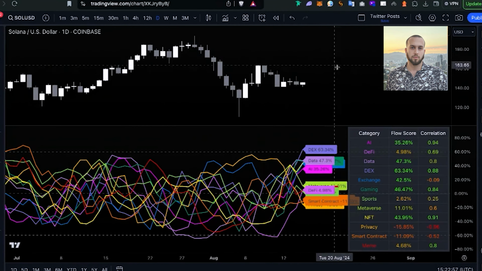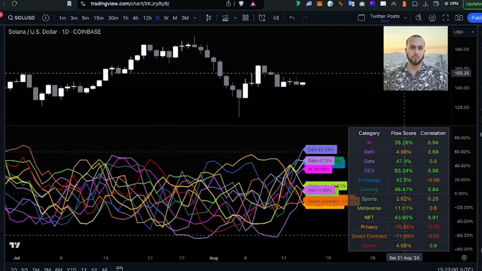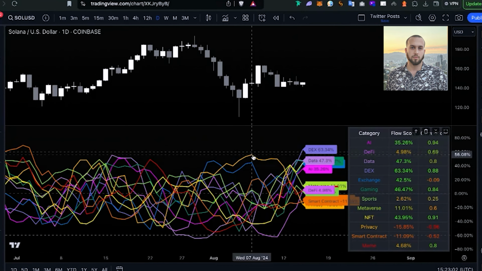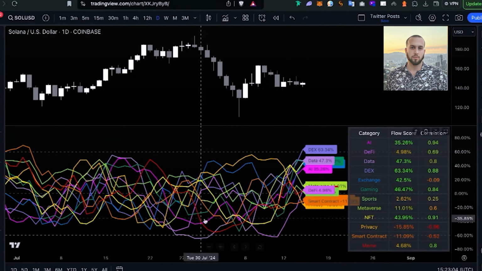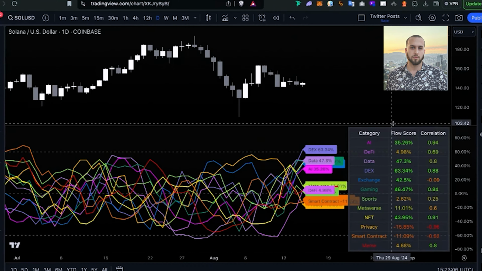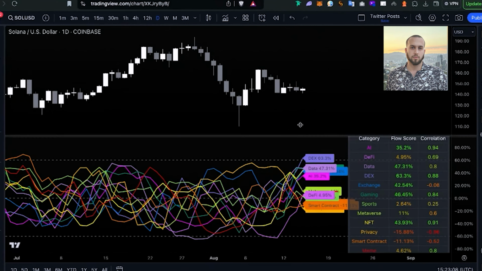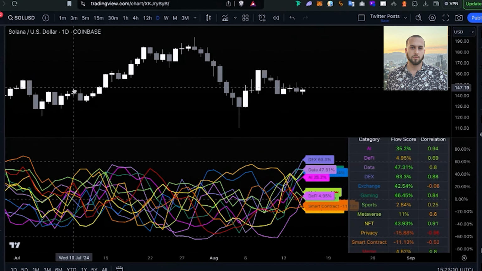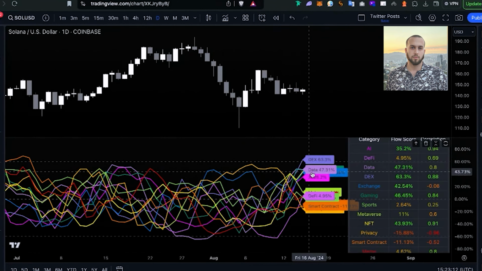They'd pump in a few days or a day, money would flow out, and go into the next thing. So this, again, is very useful to see when a sector is done and another sector is absorbing the cash flow. So yeah, I'd say that's pretty much how I use this.